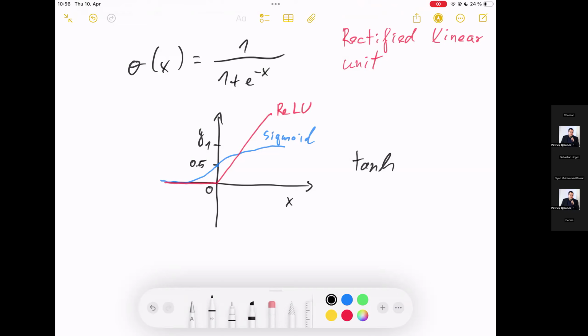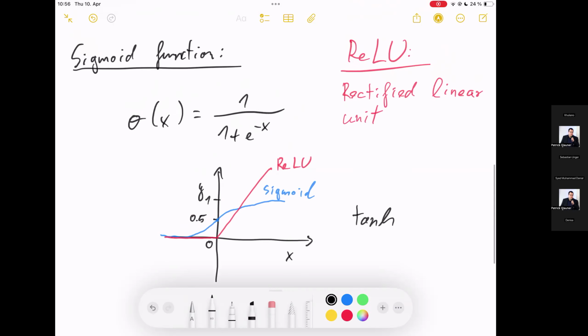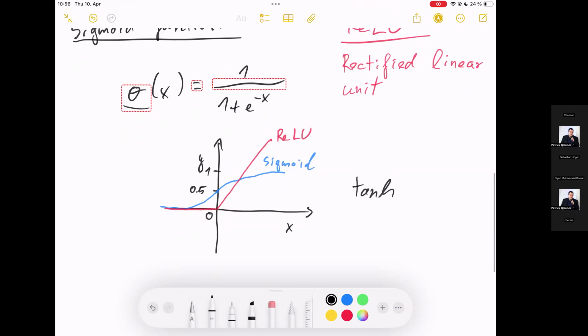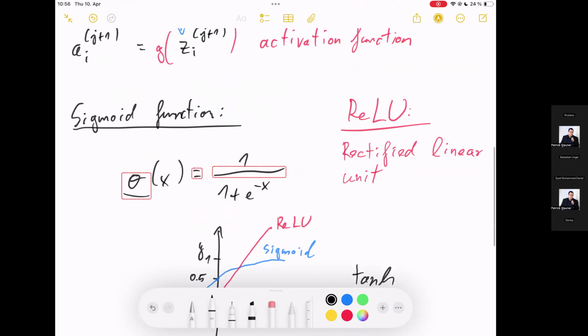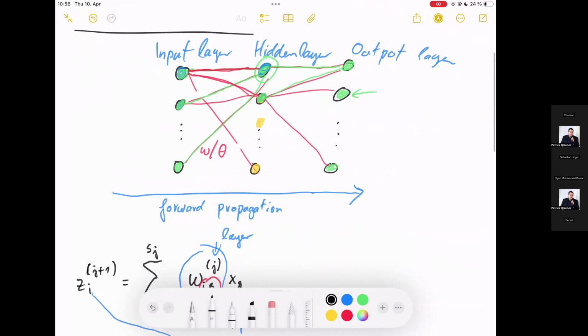And by the way, the training of neural networks became much faster because calculating the ReLU value is much simpler than calculating the sigmoid. For sigmoid, you need the exponential function, and you need to call the sigmoid function many, many times in a huge neural network just for the forward propagation. But when you do the training, you also need to do a back propagation, and you also need to call this very often.